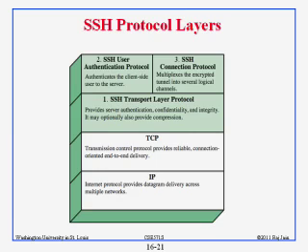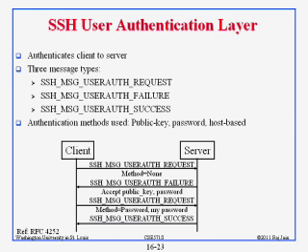The second thing is the authentication protocol, very similar to TLS, though slightly different. Basically the client says to the server, I want to authenticate, but I don't know what method to use.